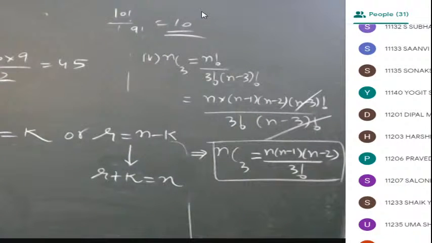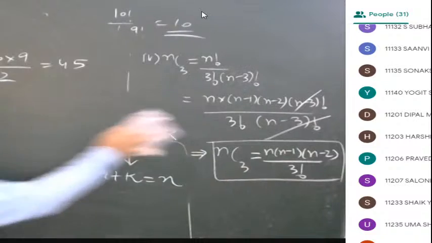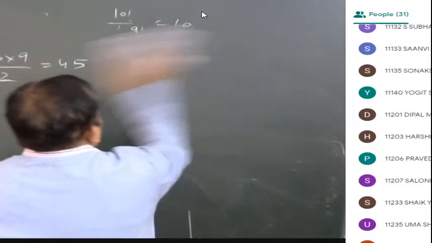So it can have 2 meanings. If NCR is equal to NCK, either R can be equal to K directly, or R can be equal to n minus K, like this, right. So please understand it, and I think now we are ready to discuss our next exercise.